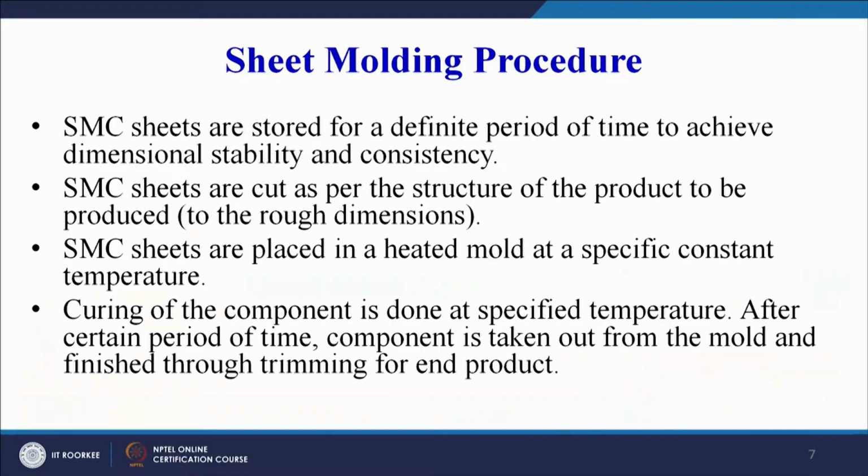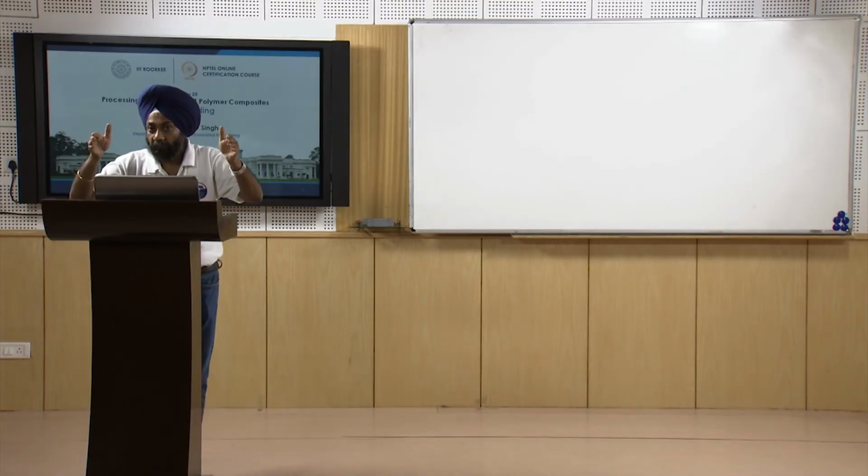I have already highlighted this point that during the process, the curing process must start, initiate, and a particular degree of curing must be completed. Then we will store them for the final curing process to happen, and after final curing we will ensure that we have achieved particular dimensional stability and consistency.